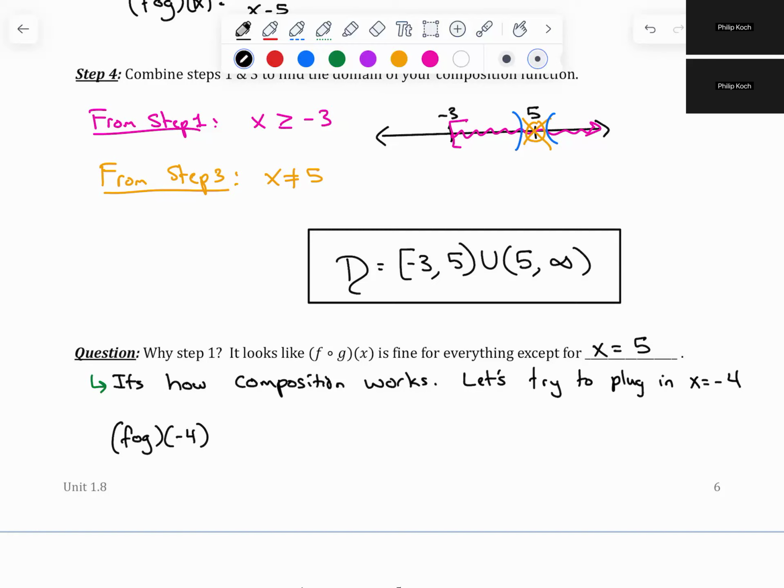If we weren't to do step 1, we would assume that everything was fair game, from -infinity up to 5, union from 5 to positive infinity. But because of how function composition works, this is equal to f of the quantity g of -4. So we have to be able to plug it into g in order for it to work.